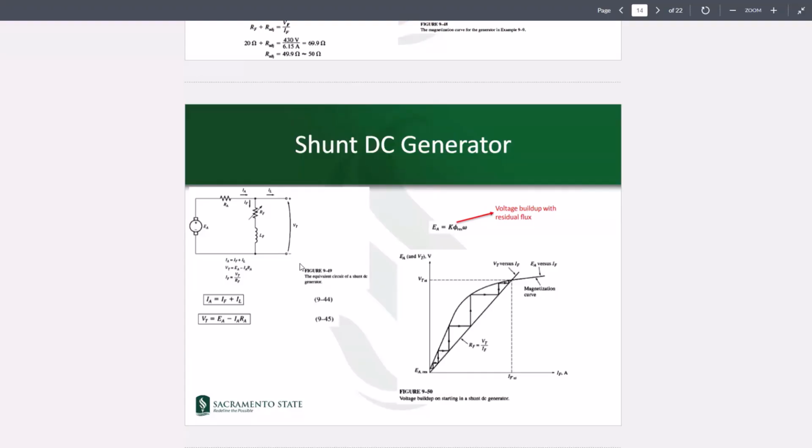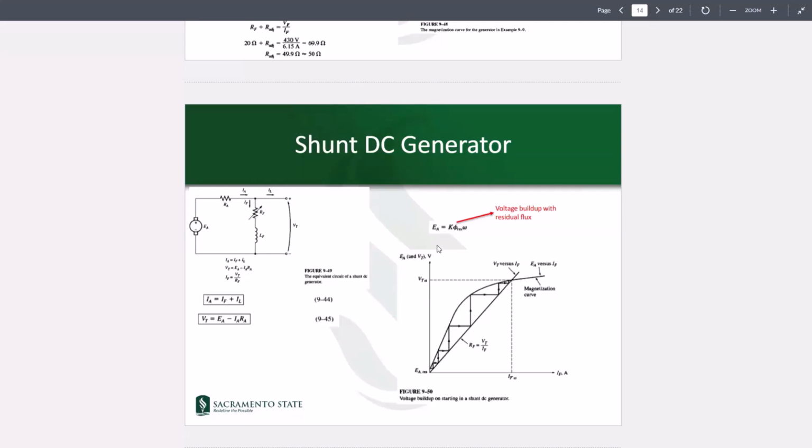And that small current flowing in the field gives you a chance to have a bigger voltage, and that bigger voltage induced in EA would now translate into a little bit more IF. And as you can see through these two curves, the intersection points show how the voltage can be built up in this machine.